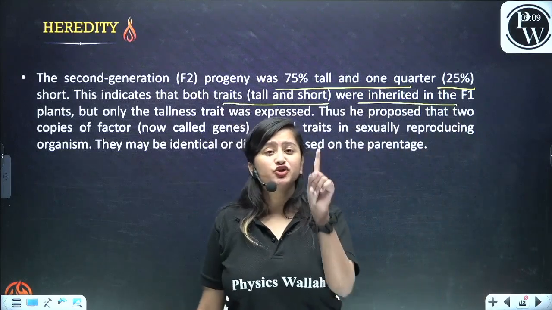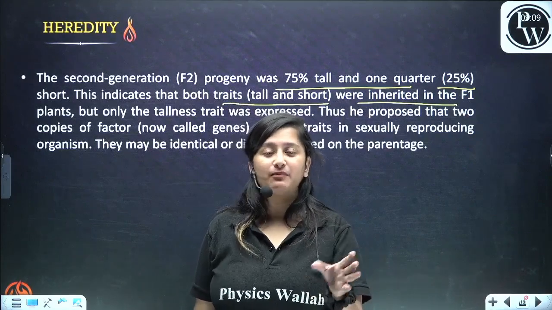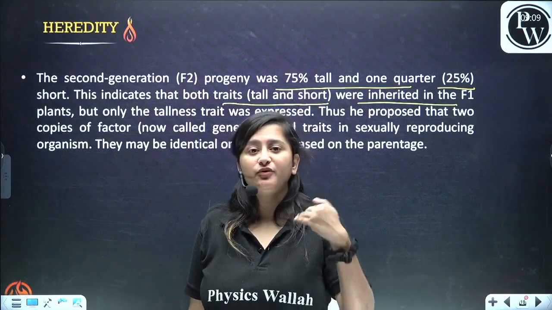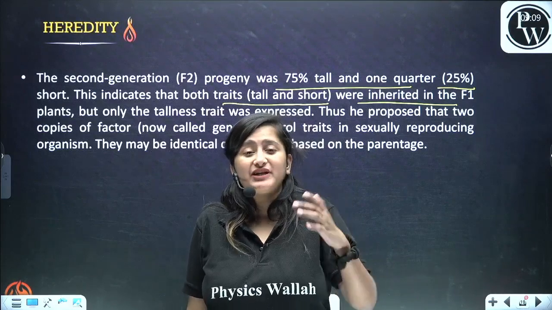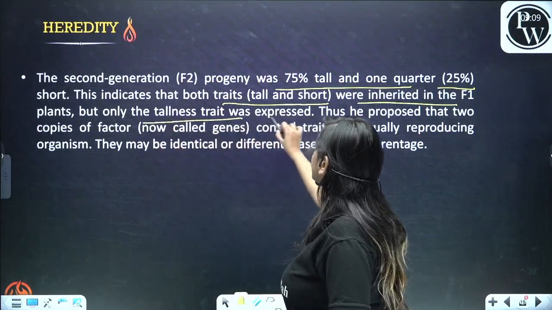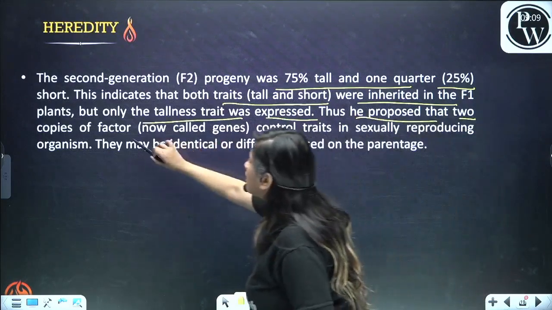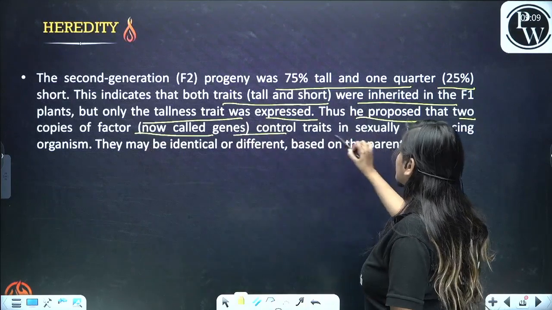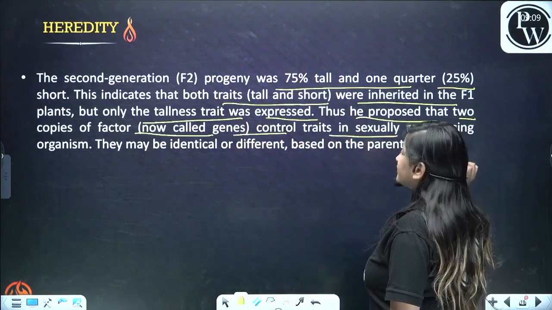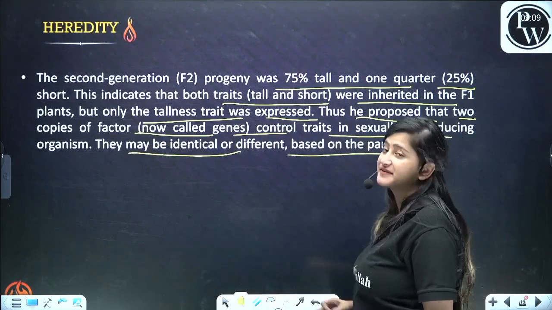That means you have already know that yes, my mother is right, so I have to do this, but you have your own wishes too, which can be expressed later on. Okay, but only the tallness trait was expressed, thus he has to propose that 2 copies of factors called genes control traits in sexual reproducing organism. They may be identical or different based on the percentage.